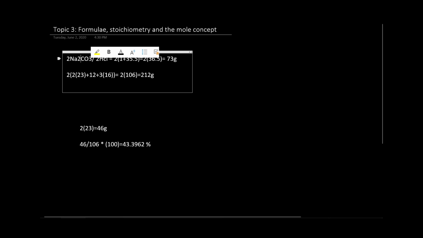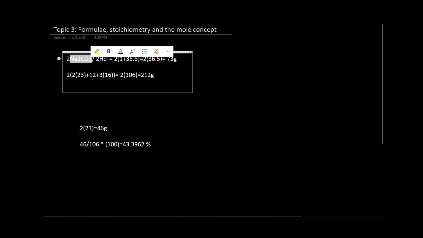What you do in this case is first calculate the total mass of sodium here. So how many atoms of sodium do we have here? In 1 mole of sodium carbonate, or when the coefficient of sodium carbonate is 1, we had 2 atoms of sodium here, right?